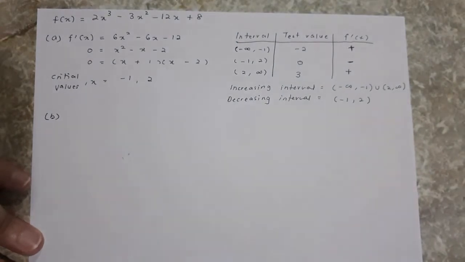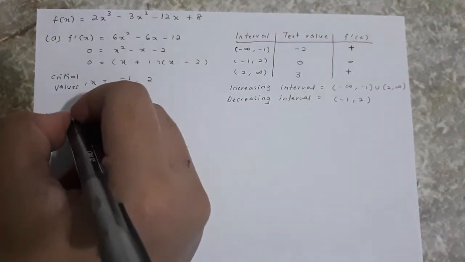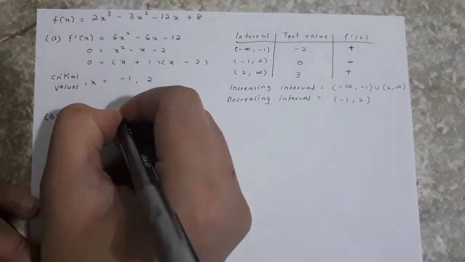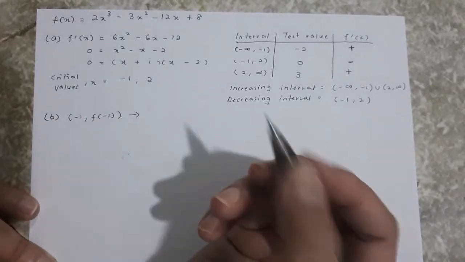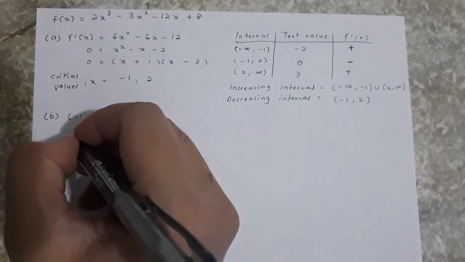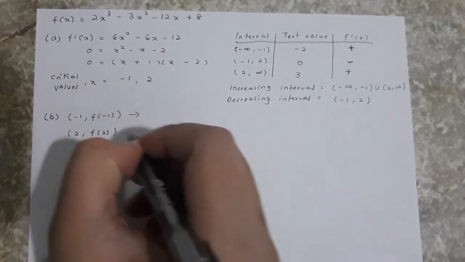Second question, we are asked to determine the extremum points. So from the first critical value, -1, f(-1). From the second critical value, f(2).